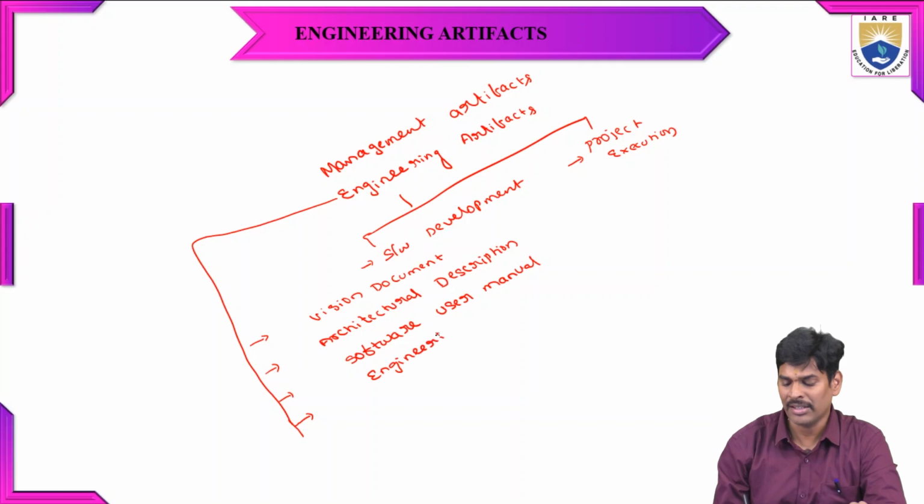Other than that, we already discussed the engineering sets. We know that engineering sets are divided into 5 types. The first one is requirement.